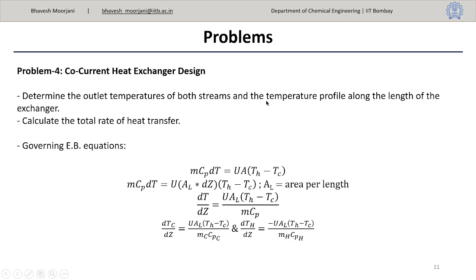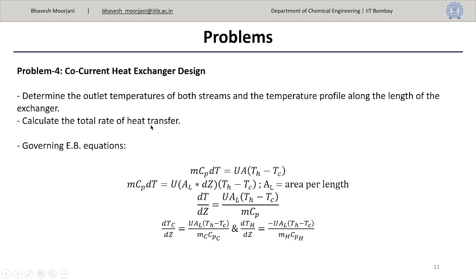But you have also been asked the temperature profile along the length of the exchanger. Since it's a co-current exchanger, both hot and cold streams are moving in one direction, and as you move forward along the length of your exchanger, heat exchange will take place and the temperature of both streams will vary. So you have to see how that change occurs, and lastly you have been asked to find the heat transfer rate.